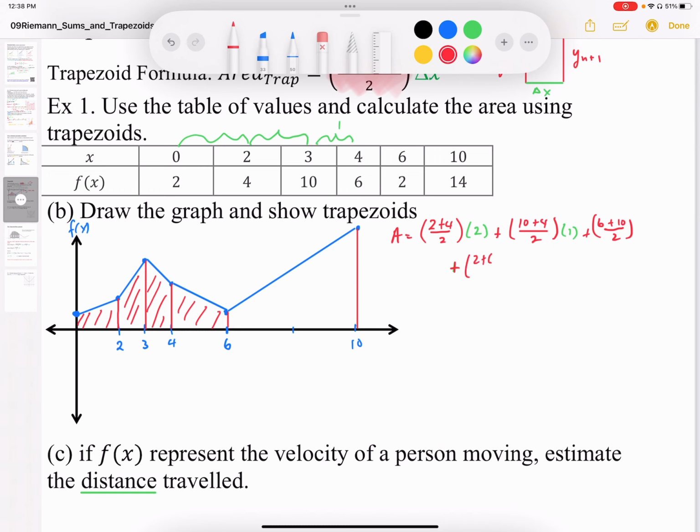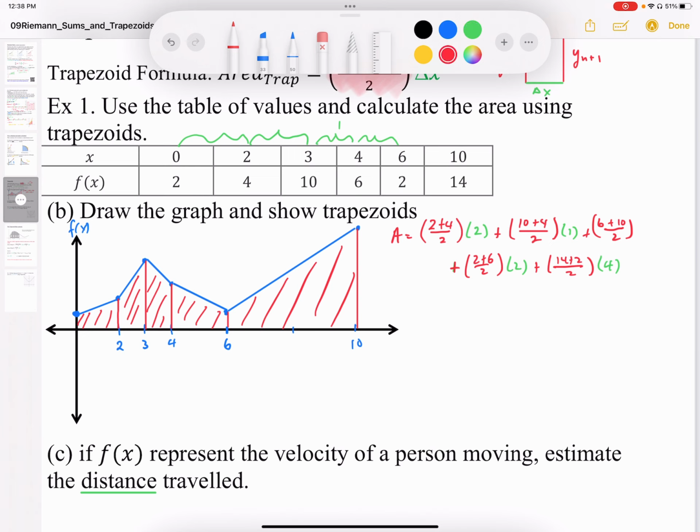So 2 plus 6 over 2. And again, that interval width between here and here is going to be 2. And then the last area, this area represented in here, the heights are going to be 14 and 2, so 14 plus 2 divided by 2, and then this interval has a width of 4. Okay, from 6 to 10 has an interval width of 4.